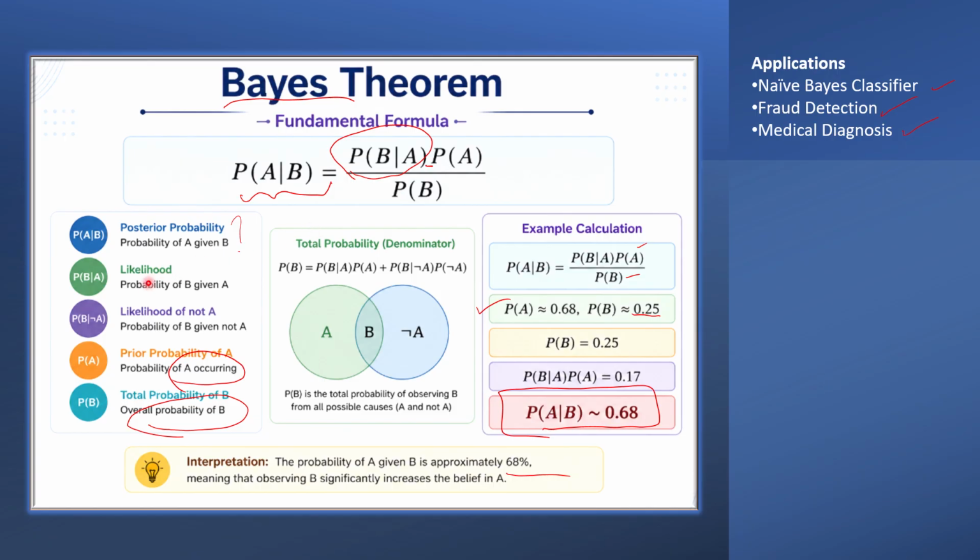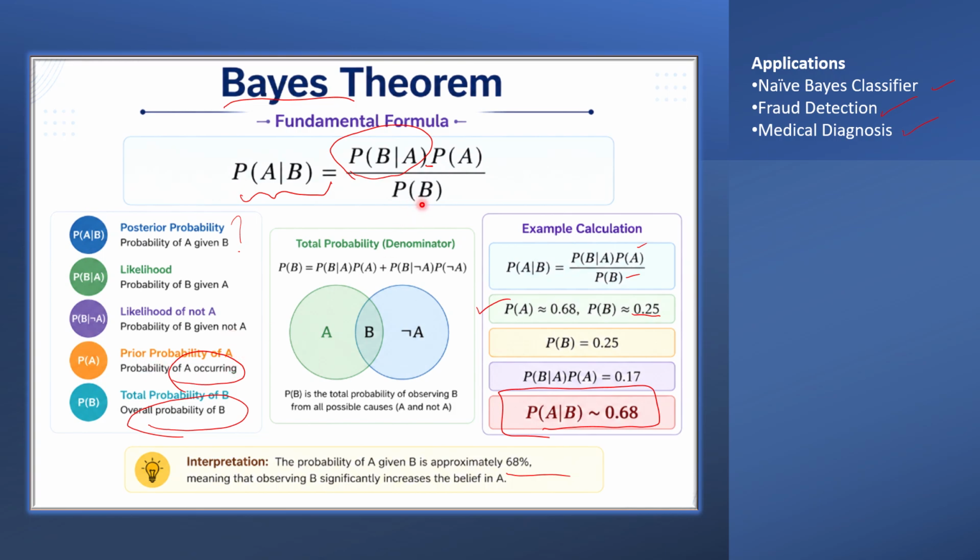P of B given A is the likelihood, the probability of B given A, the likelihood of events. P of B given not A is the likelihood for not A. P of A and P of B are prior probabilities: the probability of event A occurring and the probability of event B occurring.